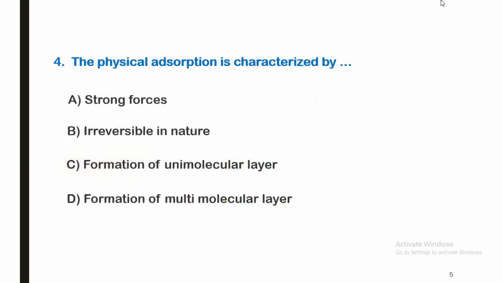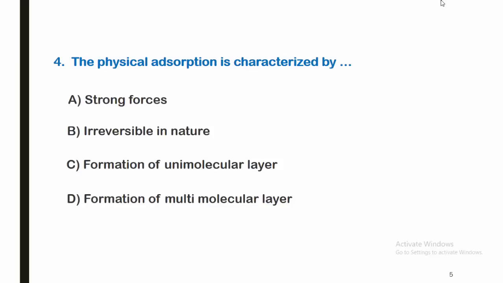Physical adsorption is characterized by option A, strong forces. Option B, irreversible in nature. Option C, formation of unimolecular layer, and option D, formation of multimolecular layer. Okay, very simple.